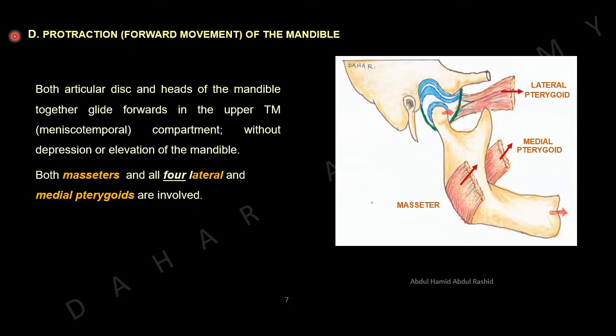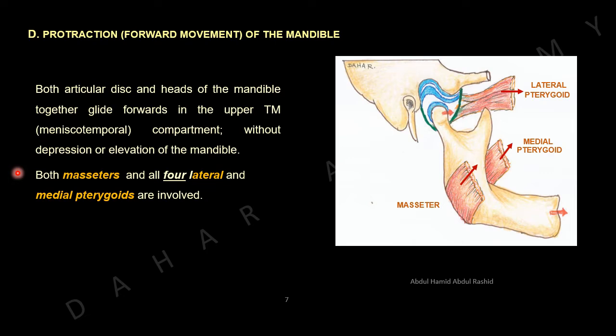D. Protraction, that is forward movements of the mandible. Both articular discs and heads of the mandible together glide forwards in the upper TM compartment, that is menisco-temporal compartment, but without depression or elevations of the mandible.